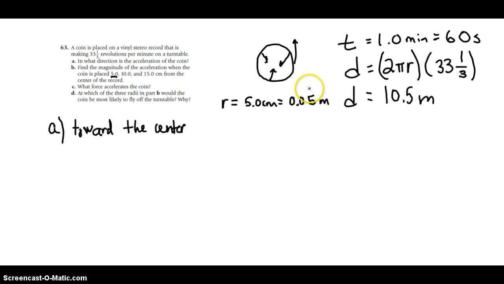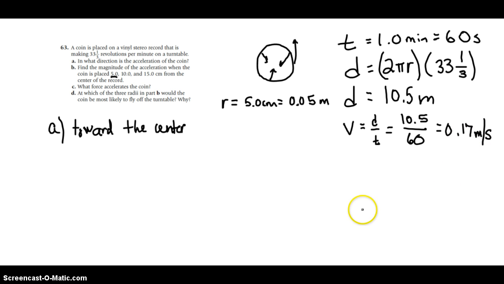So the velocity is going to be that distance over time, which is 10.5 meters in 60 seconds, giving us a speed of 0.17 meters per second. Seems like a reasonable speed for a record to be rotating.